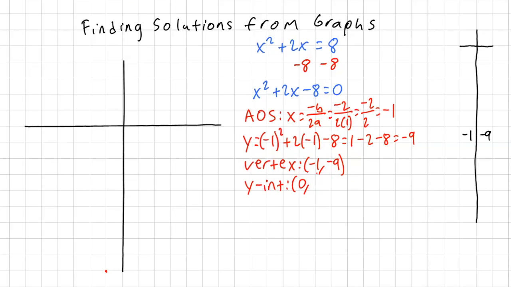And so negative 8 is the number by itself. So 0, negative 8. And its reflection over the axis of symmetry. So we have 0, negative 8. And negative 2, negative 8.